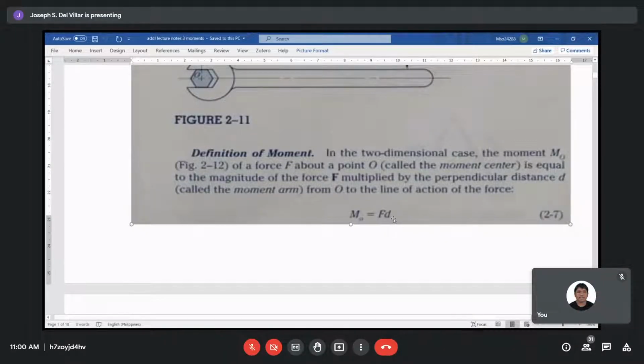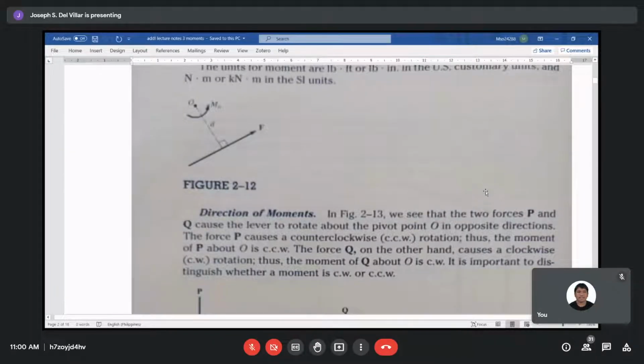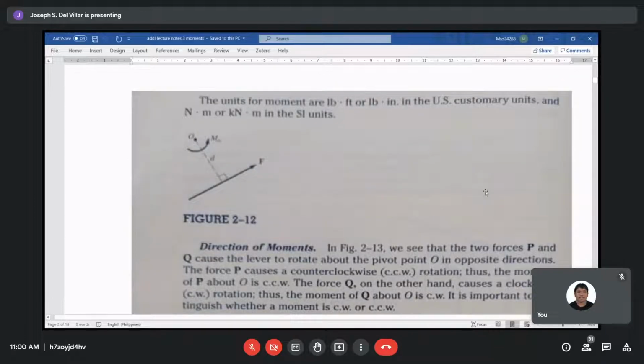So this is the formula. You have the moment at a certain pivot point is equal to the product of the force times the moment arm, which is the distance. Okay, so sa English units, it is pound-foot.